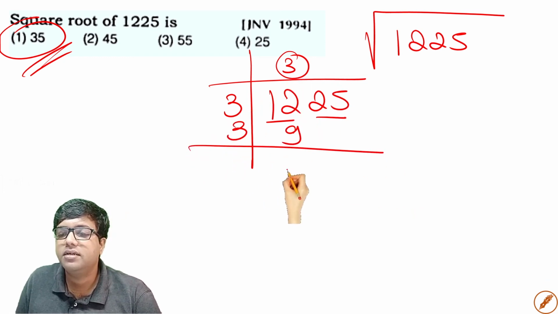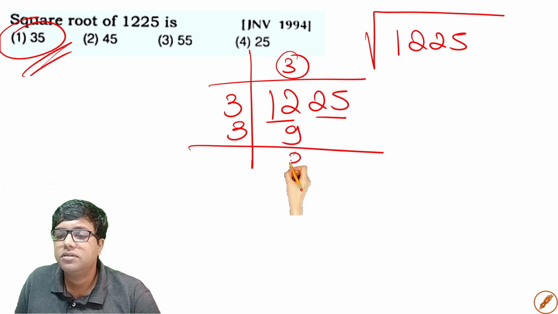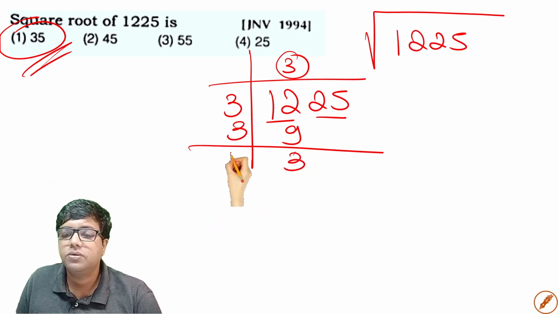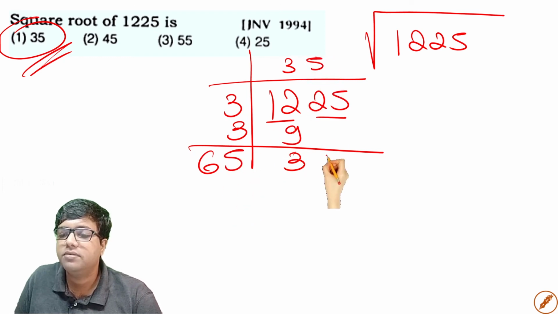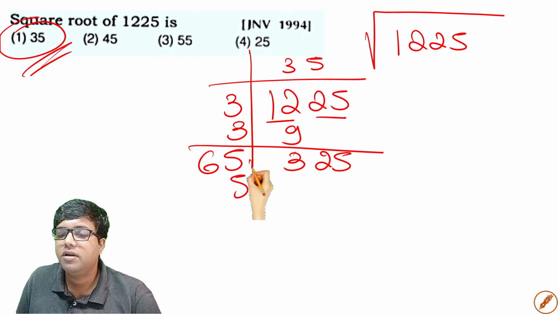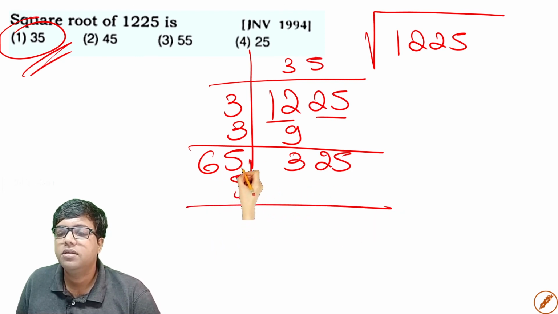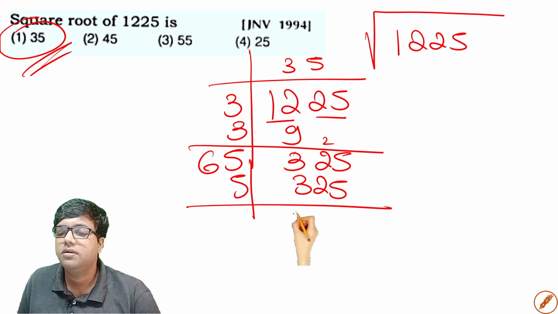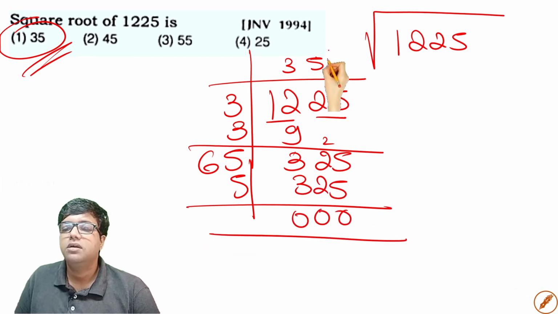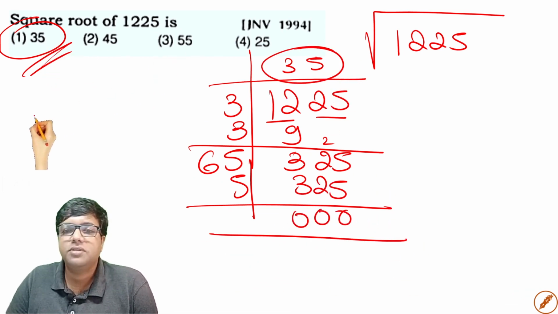So you will get what? 3 as the balance. So take 3 plus 3 is 6 and multiply by 5. Okay, so 25 will come. You'll have to multiply by 5, so it will give you 5 5s are 25, 2 carry over, 5 6s are 30 plus 2, 32, which gives you zeros. So therefore 35 is the right answer for this question.